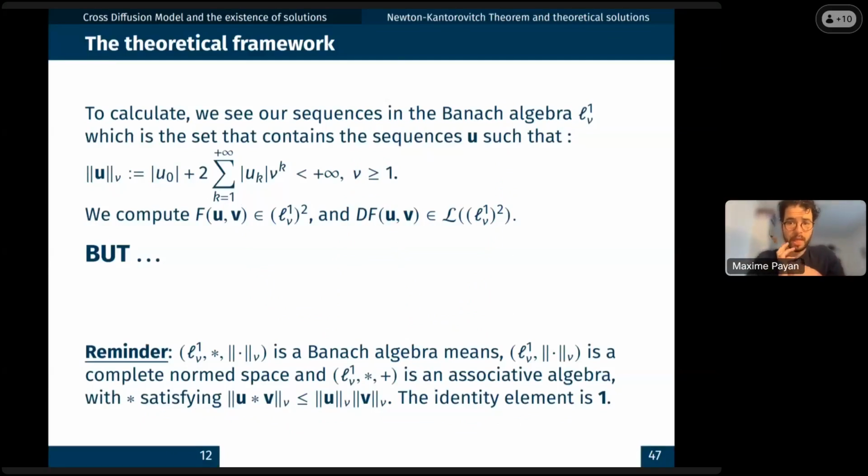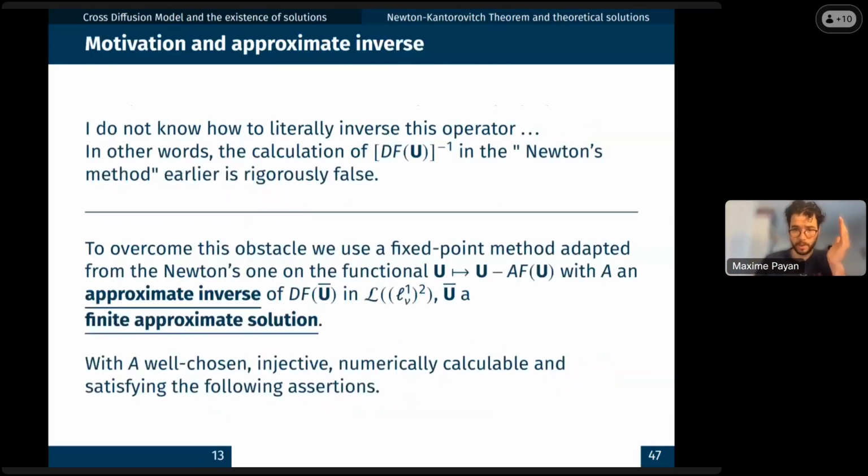We take a Banach algebra. This is an L1 weighted Banach space, a sequence space, with this norm. Okay, just weighted by nu in the norm, and we compute everything we need in this space. But there is a big problem.